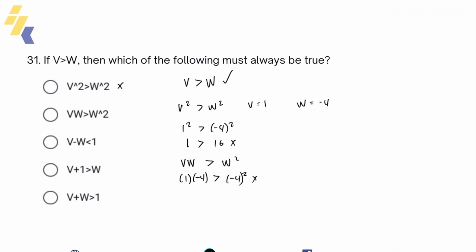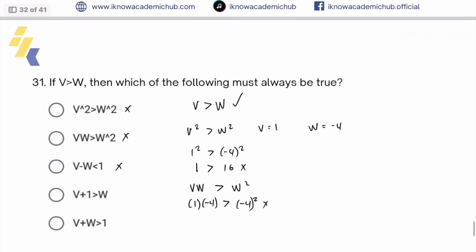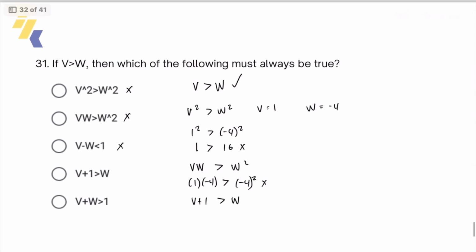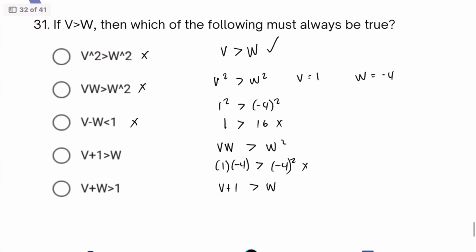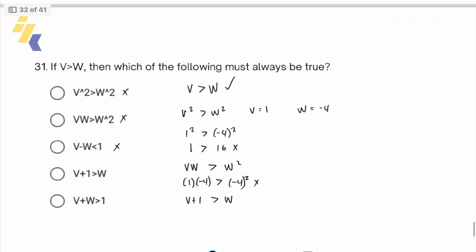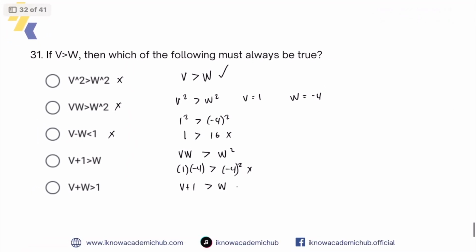Okay. Now, we have mali din to. Yung V minus W is less than 1. Mali din to. Okay. Ito naman, yung V plus 1 greater than W. Yes. Bakit? Kasi yung greater number, dinagdagan mo pa ng isa. That should always be greater than the smaller number. Okay?